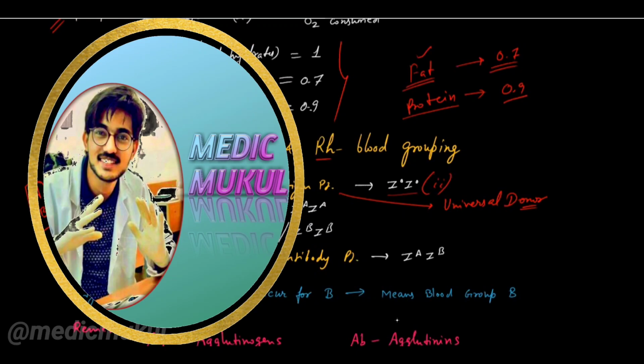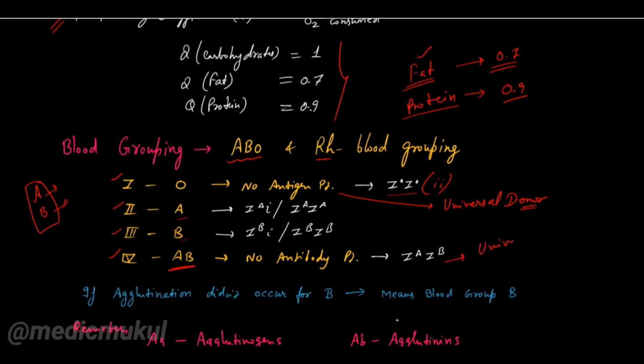There are 2 genotypes for A, 2 genotypes for B, and AB, remember, they don't have antibodies. No antibodies present. So they are what? Universal acceptor. They can take blood from anyone. They can take from A, B, O, from anyone, but cannot give to anyone. So that is the universal acceptor.